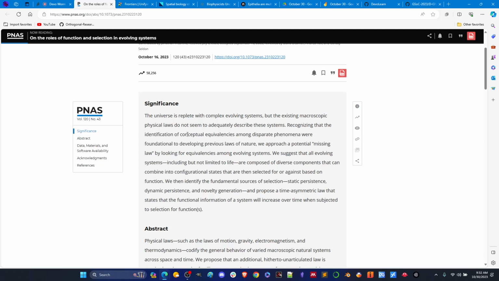They recognize the identification of conceptual equivalencies among disparate phenomena, which means you could use, say, a power law to describe systems as far-flung as transportation networks, social dynamics in humans, cell behavior in cell biology, or even things at the scale of galaxies or the universe. The thinking is that you can use these mathematical laws to characterize this wide range of systems, and that's the basis of complexity theory.